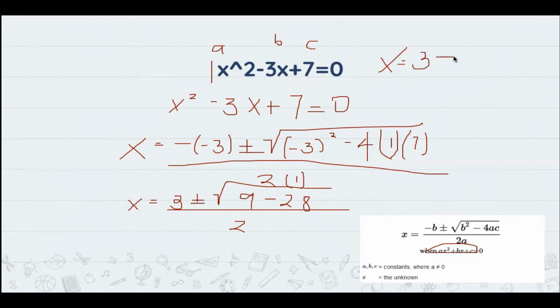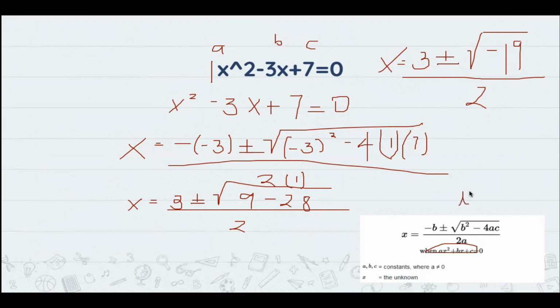We'll rewrite that again over here. 3 plus or minus 9 minus 28 gives you negative 19. But you're not allowed to have a negative in a radical. So this would be unreal. So what we do is use imaginary numbers.